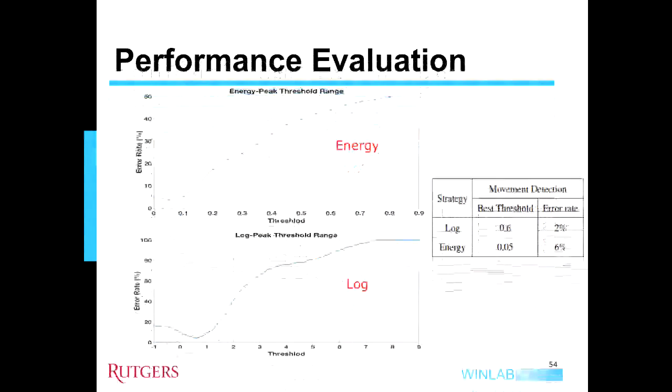Using log to detect movements, we have a 2% error to detect movement, which is very good because we have 98%. Actually it's less than 2%, to be honest, but I gave the average here. So we can know that we have a motion in the signal by using a geophone with 98% accuracy.